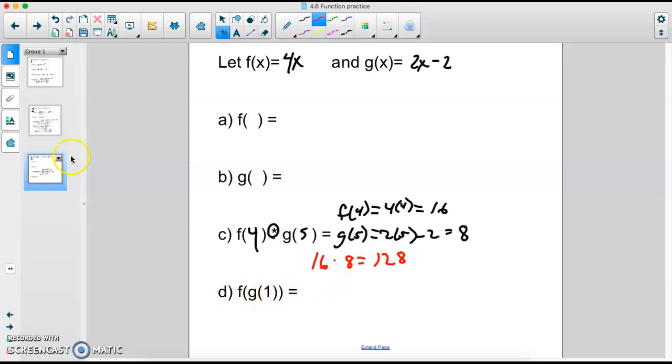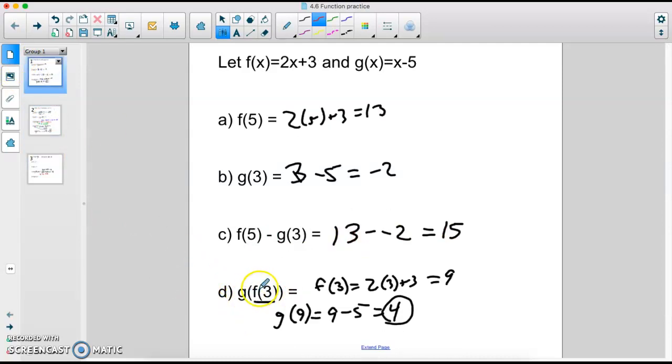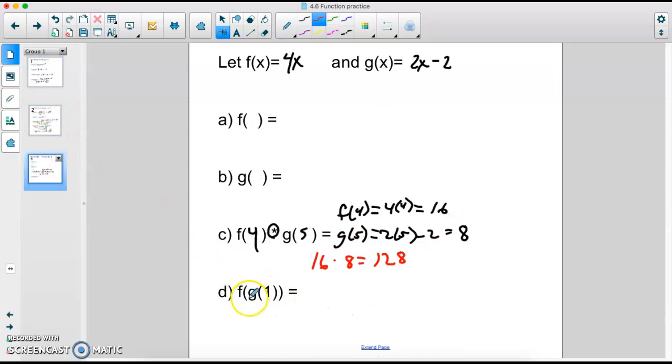Okay, lastly, now just be careful because in these last two we did g of f, again, g of f of a number. Now we're switching it around, f of g. Doesn't matter, we start on the inside and we work our way out. Okay, so we're starting with g, and we'll do g of 1 in our equation, 2x minus 2, right?